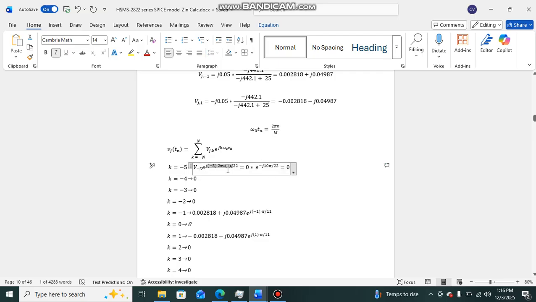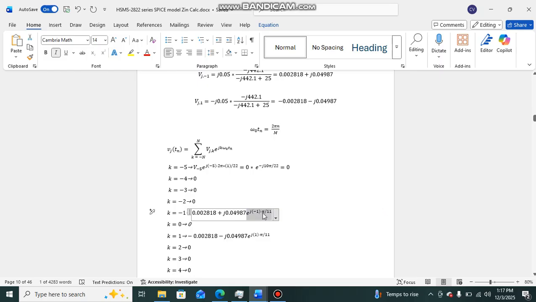We don't know what our V negative 5 is, so it's 0 here. But if we plug that in for 4 pi over 22 here, with k equal to negative 1, we'll get this.